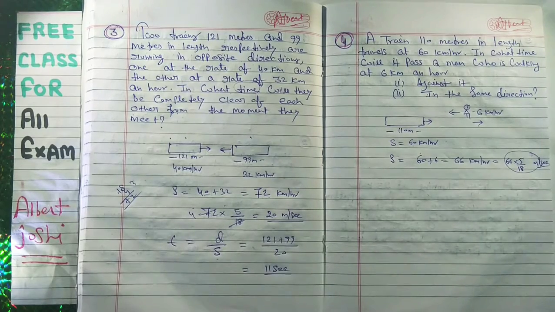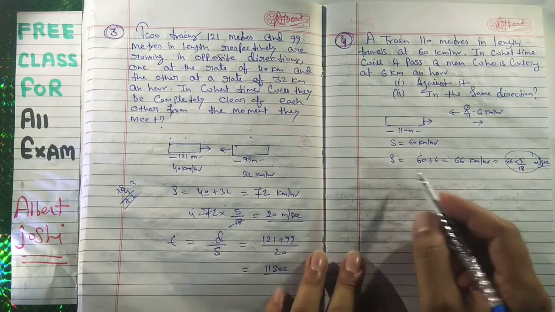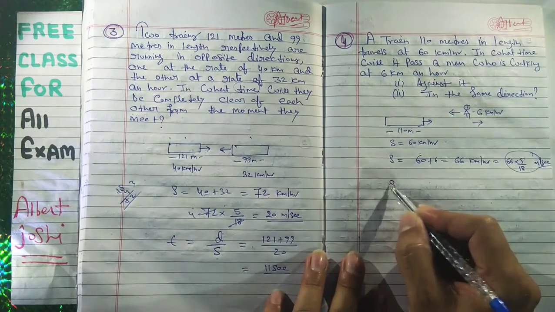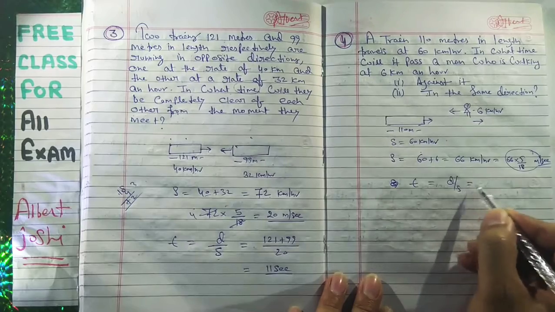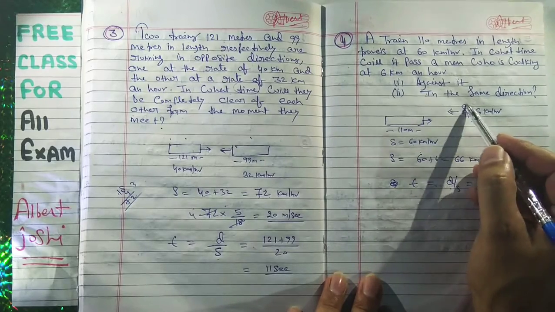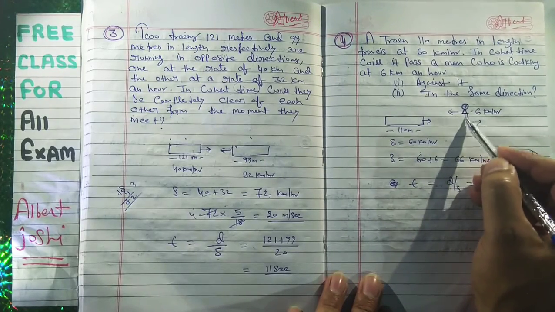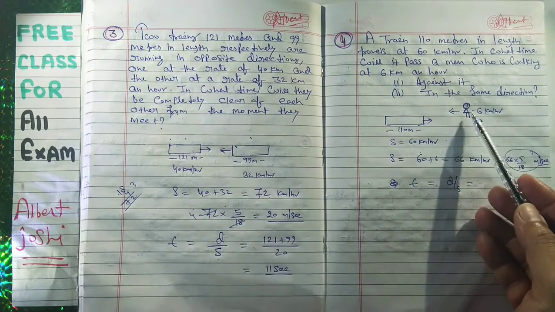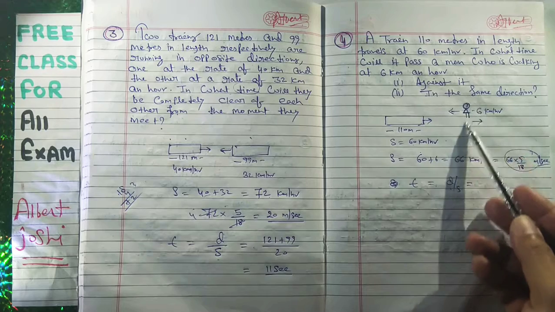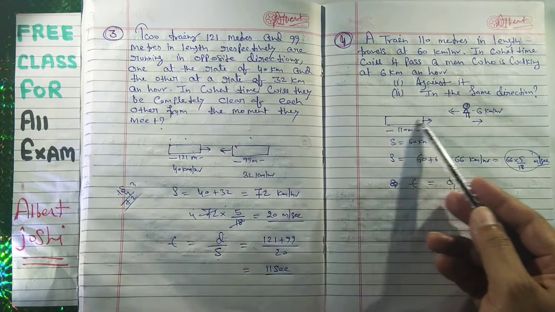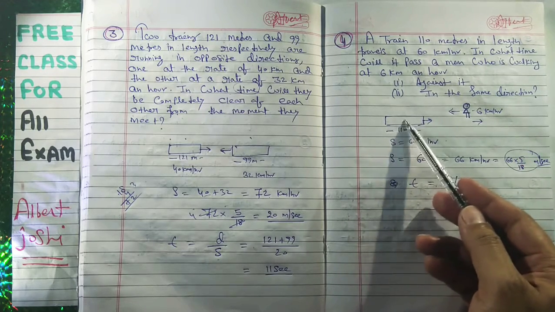Now you know that we have to find the time. Time is equal to distance upon speed. Whenever there is a man or pole or plate or any object, in this condition you will not think about the length of this man. You have to add only the length of this train.